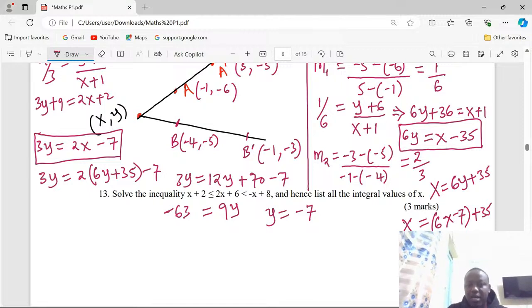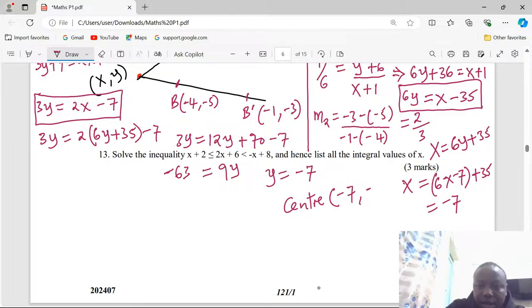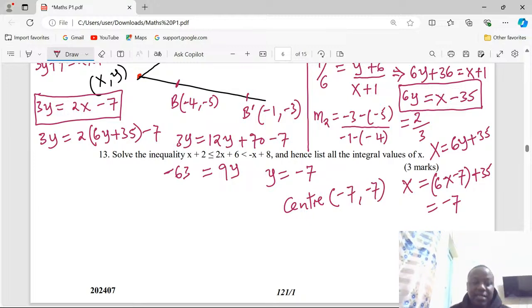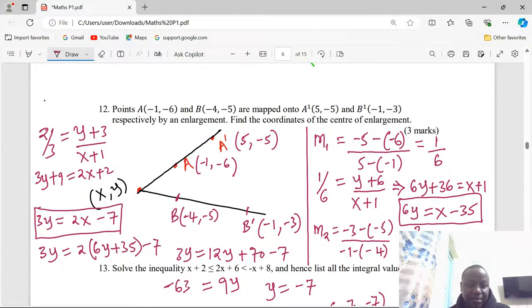And this is to mean that the coordinate of the center of the enlargement, which is described above, is going to be -7, -7. This is the center of the enlargement. So you connect the points to the unknown center.